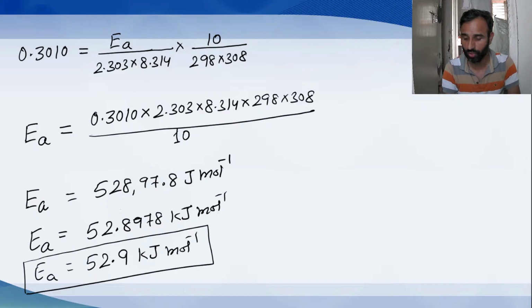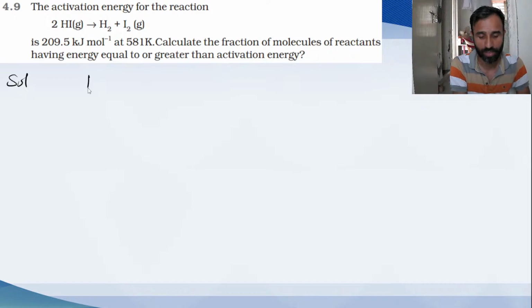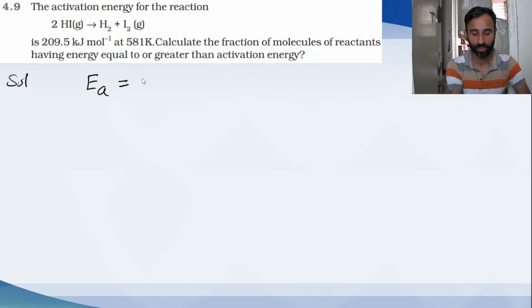So last question: activation energy for the reaction 2HI gas to give H2 gas plus I2 gas is 209.5 kilojoule per mole. The activation energy for this particular reaction is given to us.